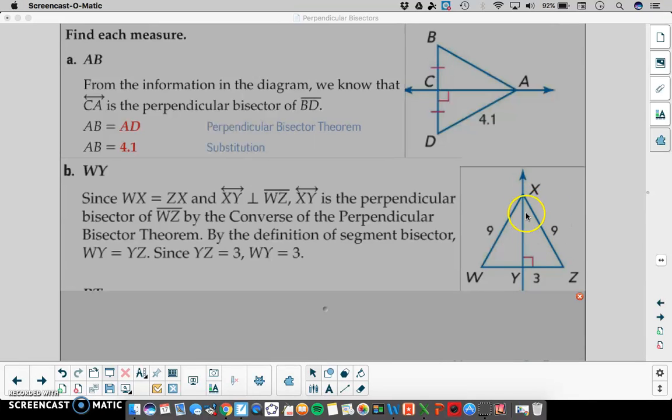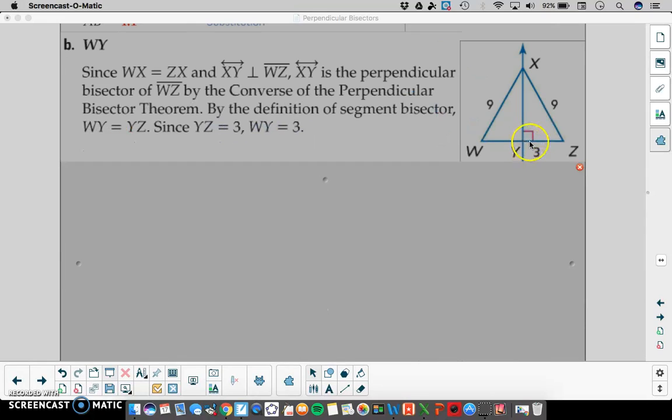Well, because we know that WX and XZ have equal measure, and we have a right angle here, this must mean that XY is a perpendicular bisector of WZ, because point X is equidistant from each one of those endpoints. Therefore, XY bisects WZ, and since YZ is 3, therefore WY also has to be 3.